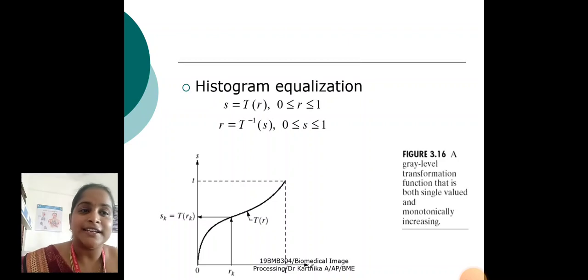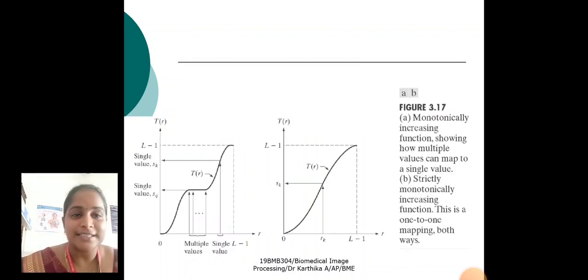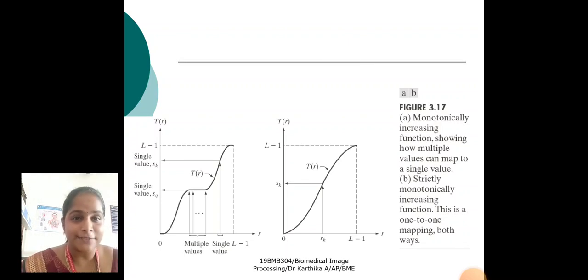The gray level transformation function is both single valued and monotonically increasing. Next, this shows the monotonically increasing function, showing how multiple values can map to a single value. The second one is a strictly monotonically increasing function, which is a one-to-one mapping both ways.